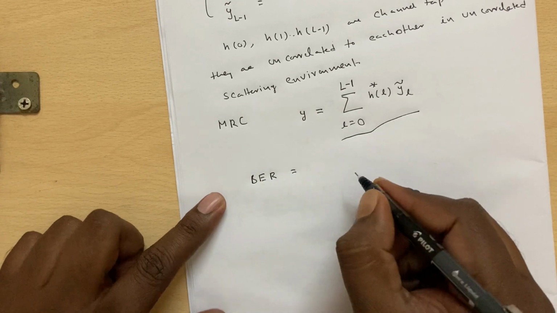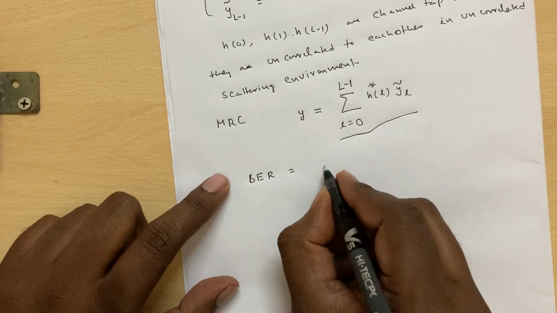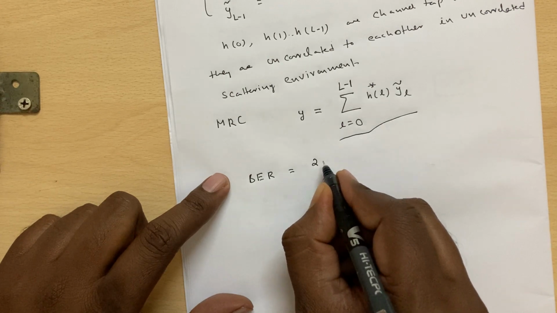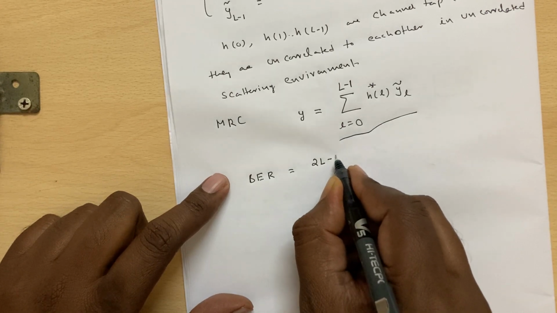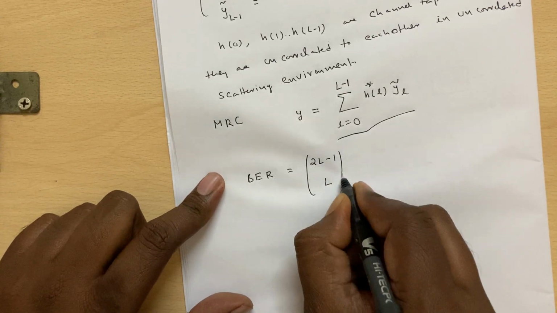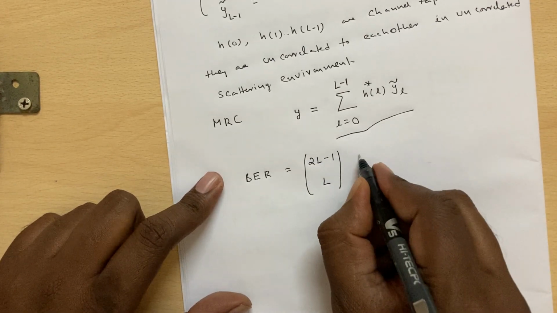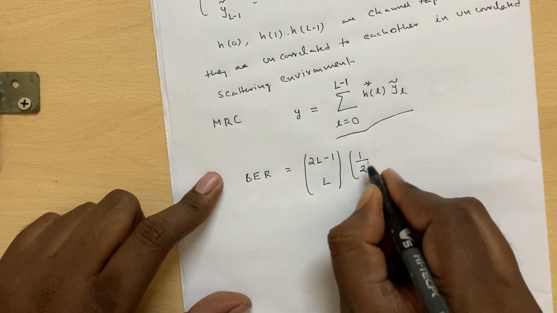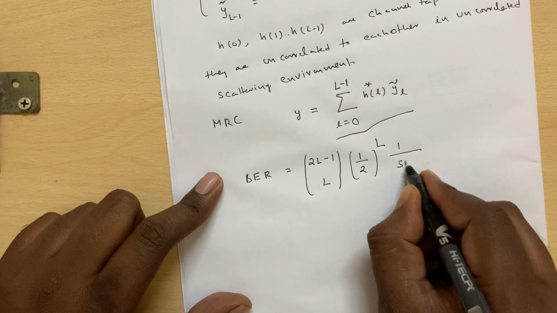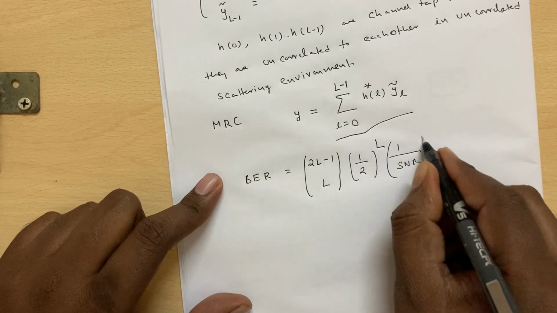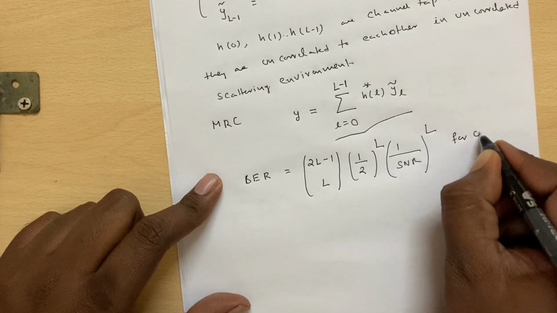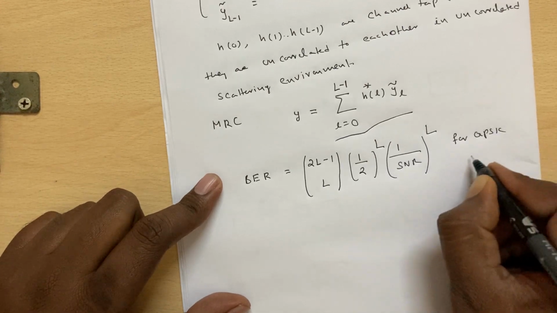In MRC combining with spatial diversity, we had L number of branches, then (2L minus 1) C L into (1 by 2) power L, for QPSK modulation, and 1 by SNR power L. This was the expression for QPSK modulation and MRC.